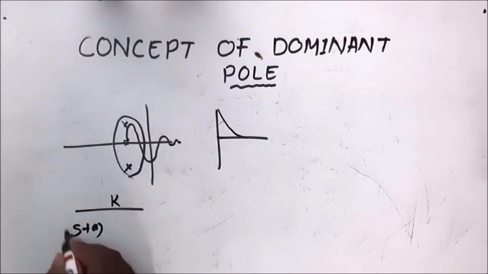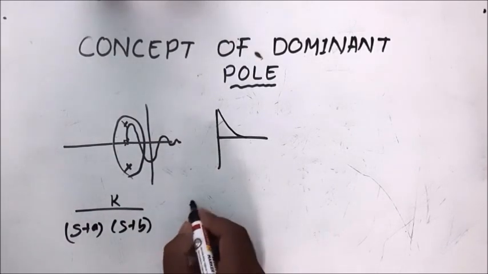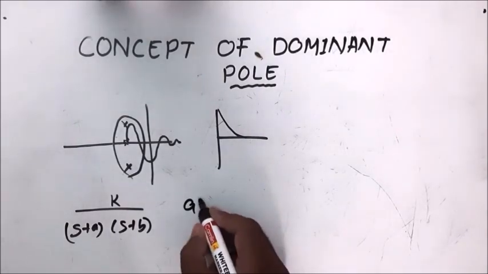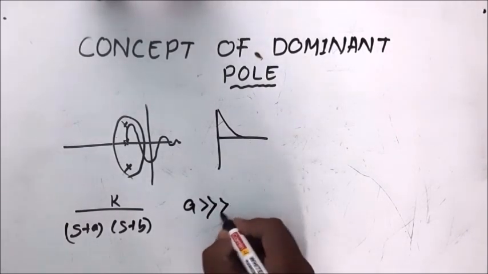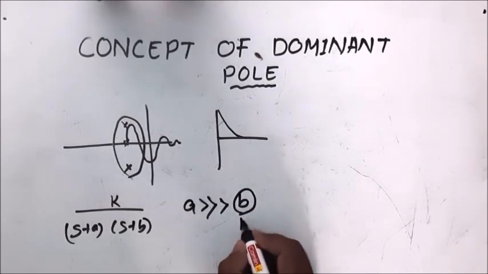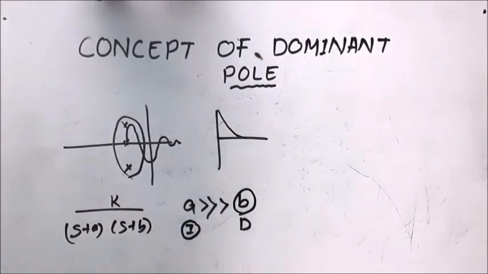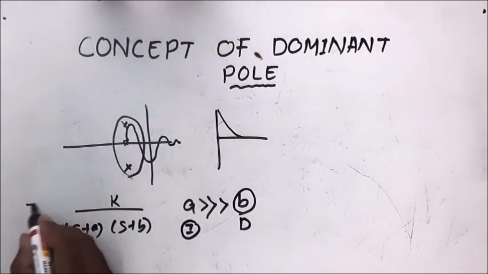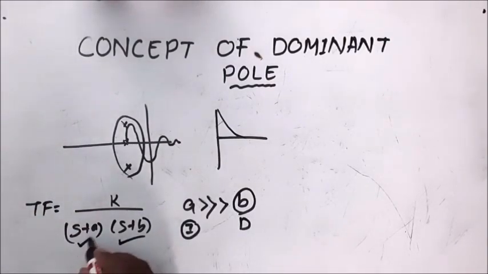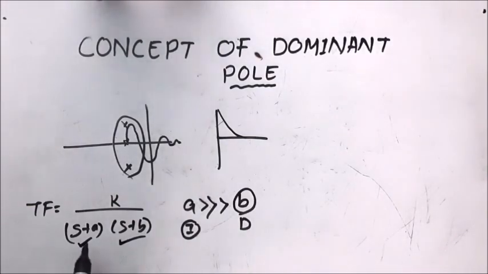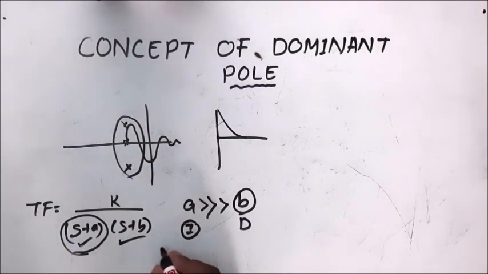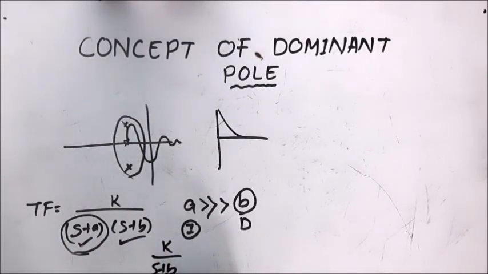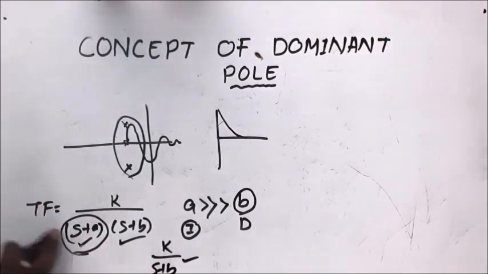Okay, so for eliminating an insignificant pole, I told you earlier that if, let's say, K by (s plus a) into (s plus b), where a is very large, 5 to 10 times larger than b, then this is the dominant pole and this is the insignificant pole. As my transfer function consists of a dominant pole and an insignificant pole, this actually creates a difference in the transient analysis, so we need to remove this term. If I remove this term, the transfer function remains K by (s plus b), which is completely different from the original transfer function.